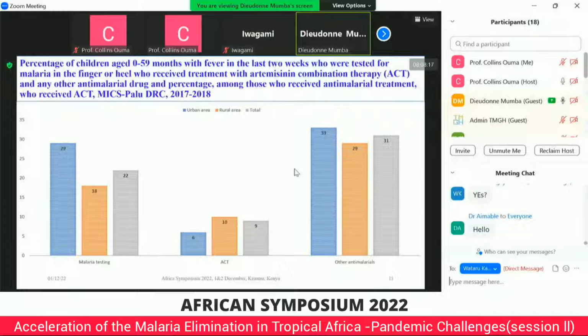But the survey shows us that of children with a fever, only 22% receive a blood test for malaria, and among them, only 9% receive ACTs. Other anti-malarials not recommended by the National Malaria Control Program are widely prescribed.